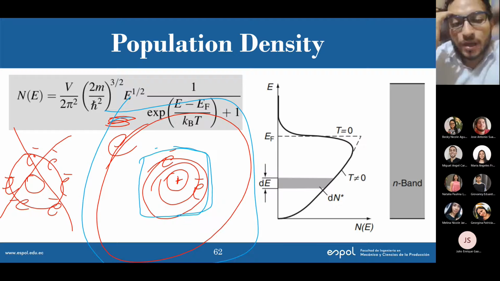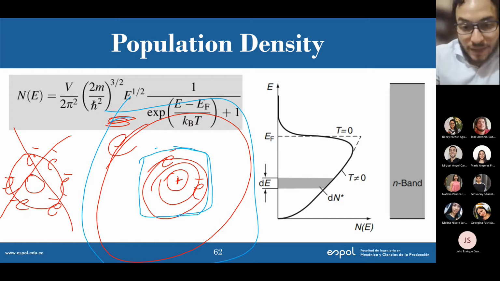But about the energies, we can't really say that that electron will depend on the energy levels, right? We can say, okay, that electron is at that energy level, or is within that energy level, because remember that within a band, this is a band, right?